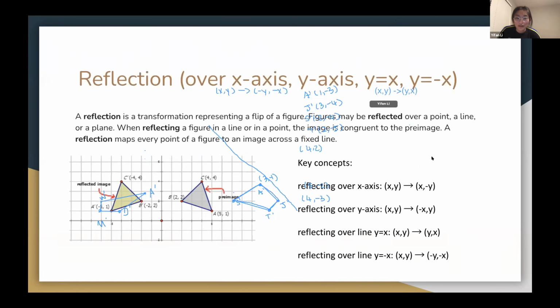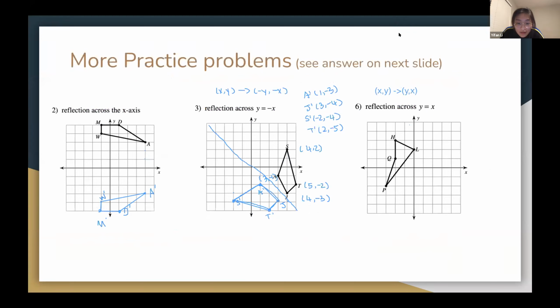Okay, you see the formula right here, and then we can find some points. For example, h is -2, 3 and p is -3, -2.